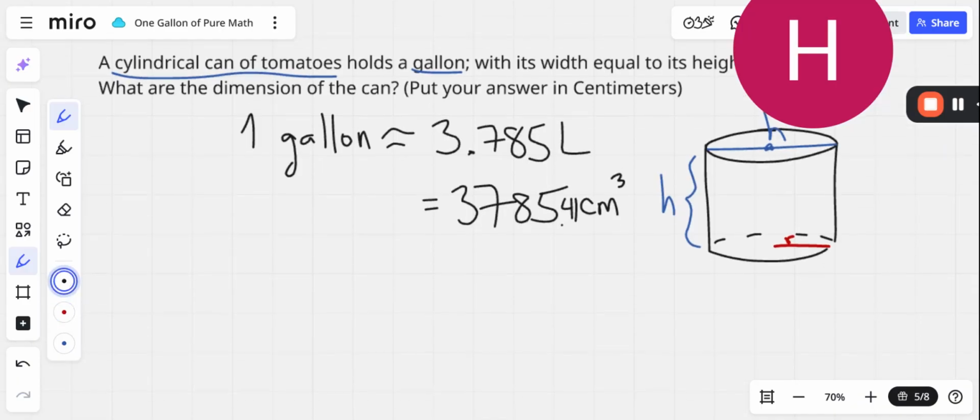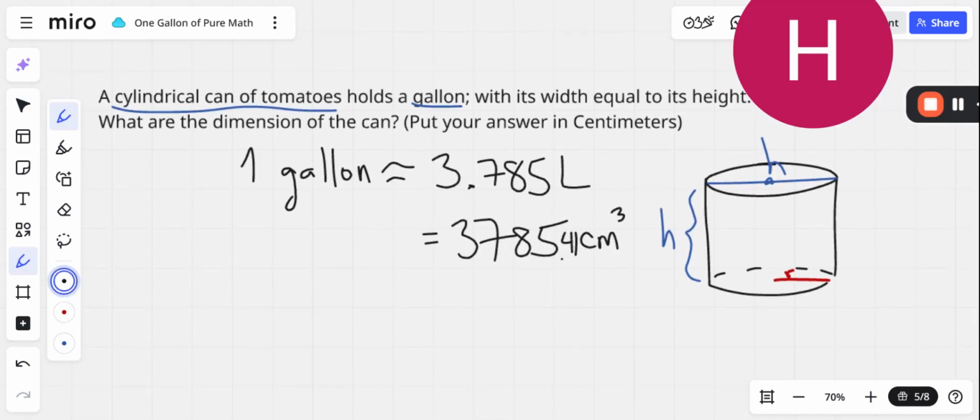Right, so you need to recall the formula for the volume of a can, rather a volume of a cylinder, and that is simply base area, pi r squared, times the height. So what we're going to do is convert this equation into a single variable.